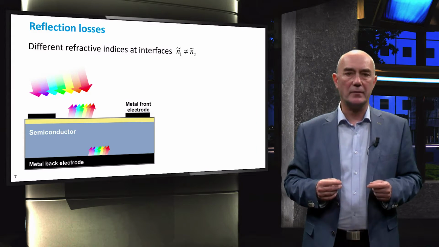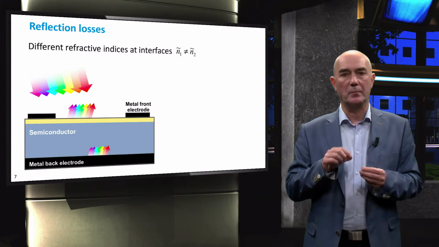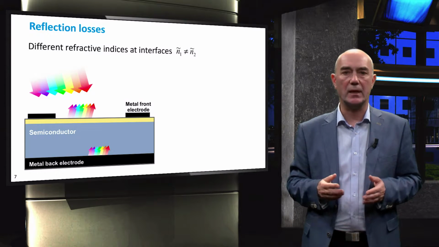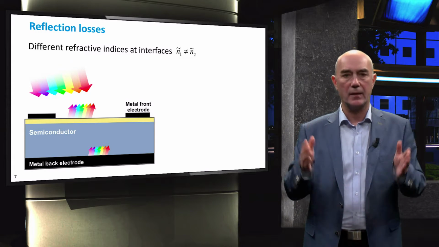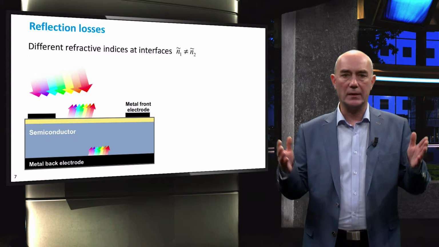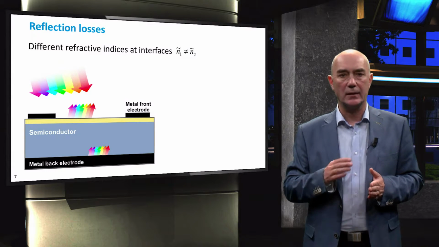When the light arrives at any interface, part of the light will be transmitted and part of it will be reflected due to the different refractive indices of materials that form interfaces. Therefore, when a silicon solar cell is illuminated, a part of the incident light is reflected.